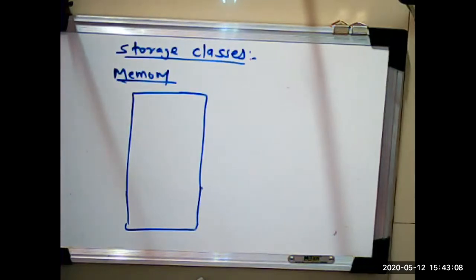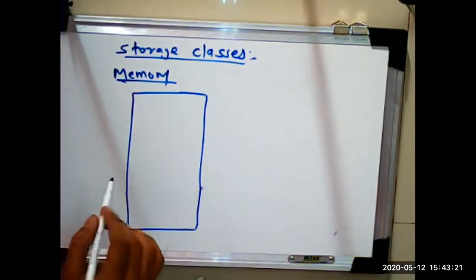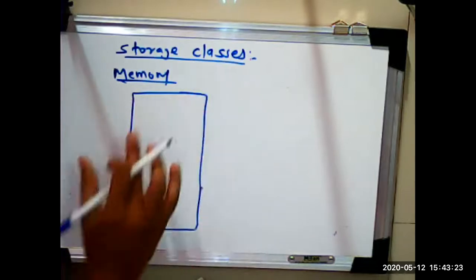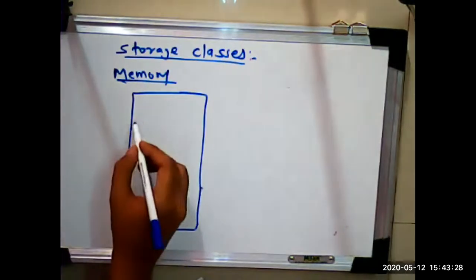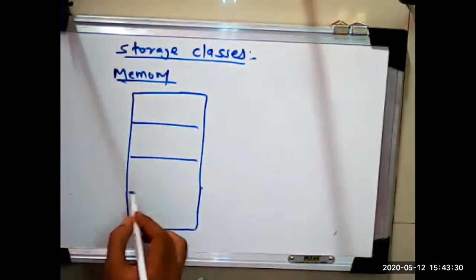You already learned this in system programming, where all this was explained. Every process gets some memory. All this memory is RAM memory, but this RAM memory is again subdivided into four parts.